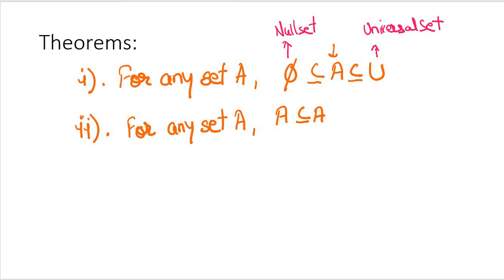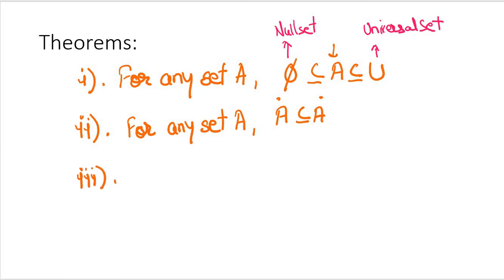So whatever elements are there in this, obviously it will be there in this. So definitely I am going to observe this kind of setup where a particular set is always a subset of itself.